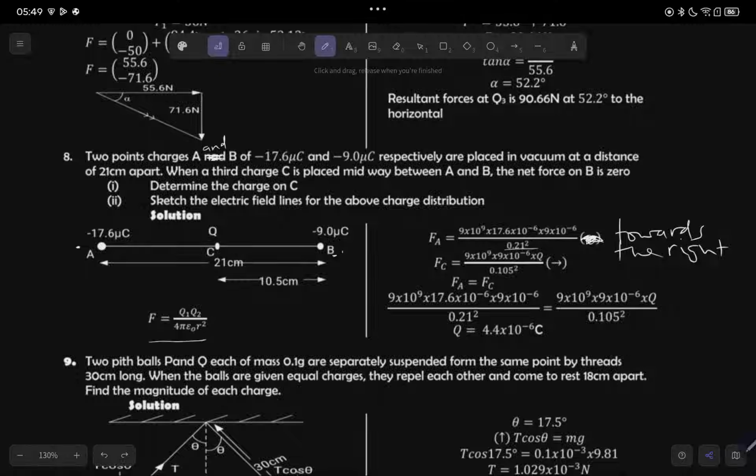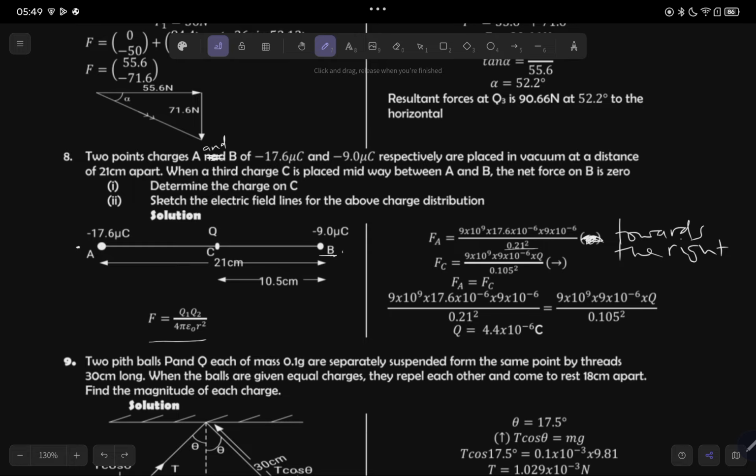So now, since this force is acting towards the right, for the net force on B to be zero, the charge at C must be opposite to the charge at B so that it can attract or pull it back.